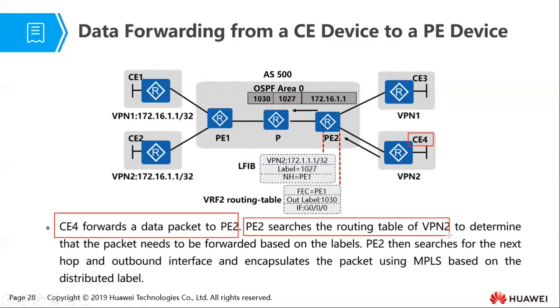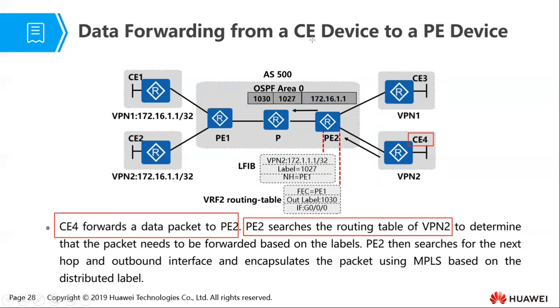PE2 searches the routing table of VPN 2 to determine that the packet needs to be forwarded based on the labels. So it checks its VPN routing table. Then it searches for the next hop and outbound interface and encapsulates the packets using MPLS based on the distributed label.